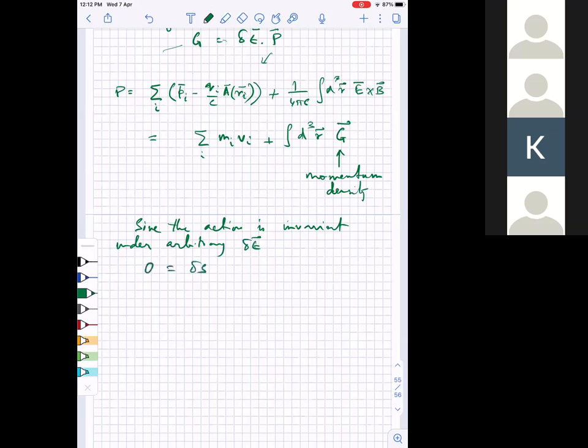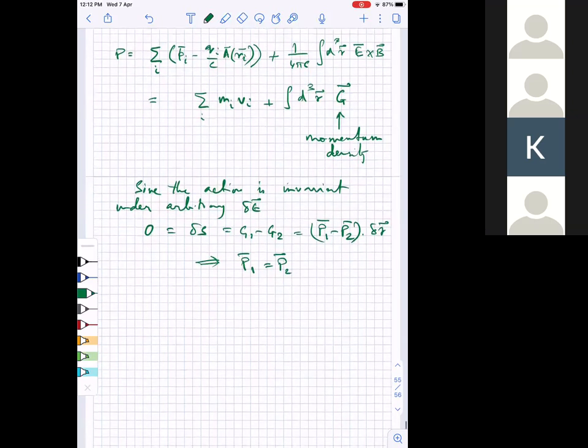My action is invariant, so G1 minus G2 is its variance, and so basically my P1 minus P2 dot delta R. So delta epsilon is basically delta R, right? That is the small thing. And therefore, my P1 is equal to P2.